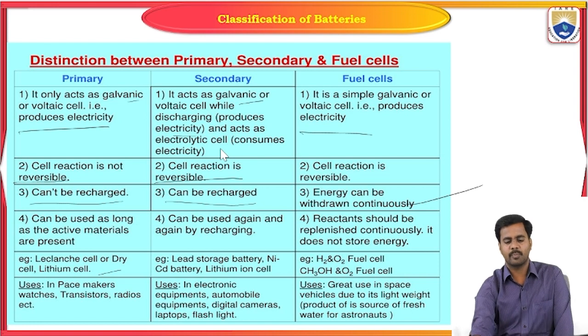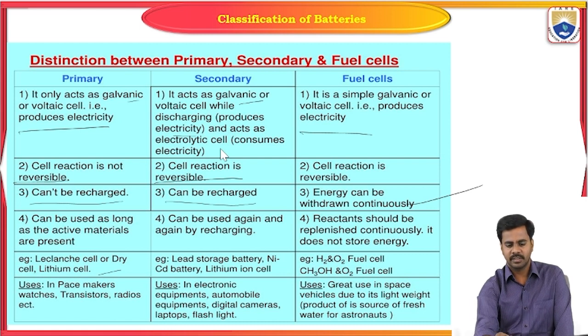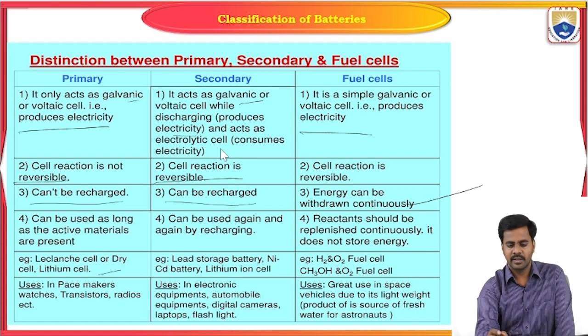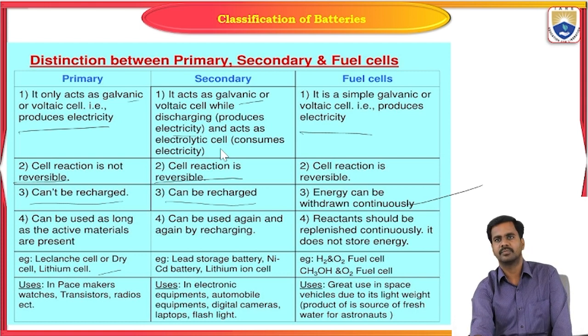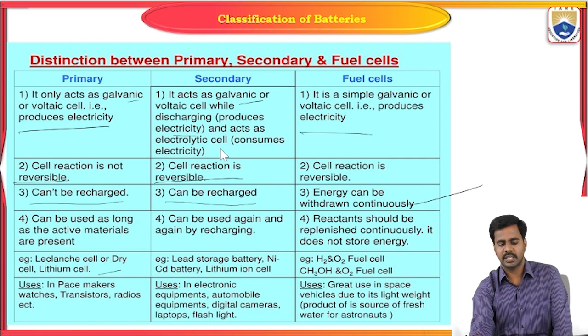In electronic equipment, automobile equipment, digital cameras, and laptops, secondary batteries are used. Fuel cells have great use in space vehicles due to being lightweight and as a source of fresh water for astronauts. So these are the differences between the primary, secondary, and fuel cells.